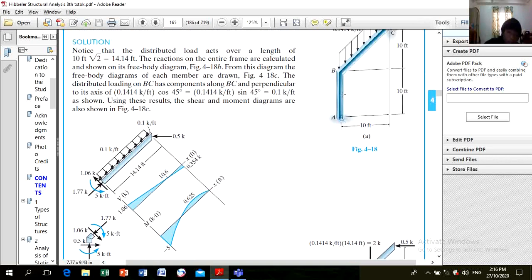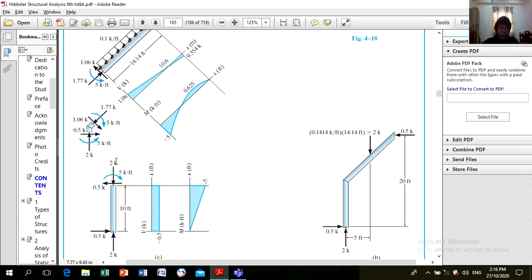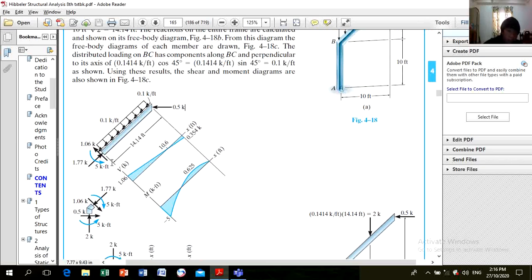Then cut near at point B. When you cut this one, there will be vertical reaction and normal force, then you have moment.